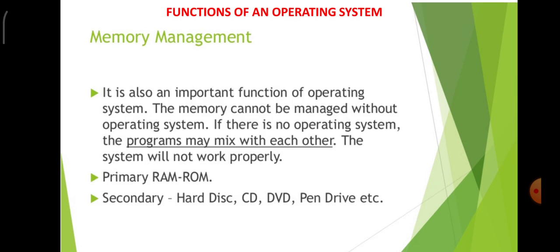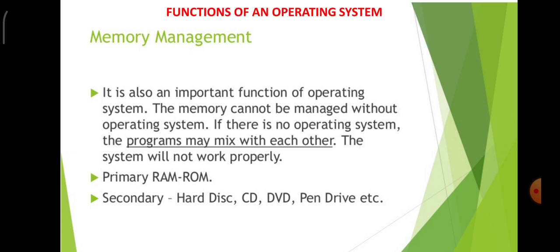Memory management is also an important function of the operating system. The memory cannot be managed without an operating system. If there is no operating system, the programs may mix with each other. The system will not work properly. Primary memory, as you all know, is RAM and ROM.